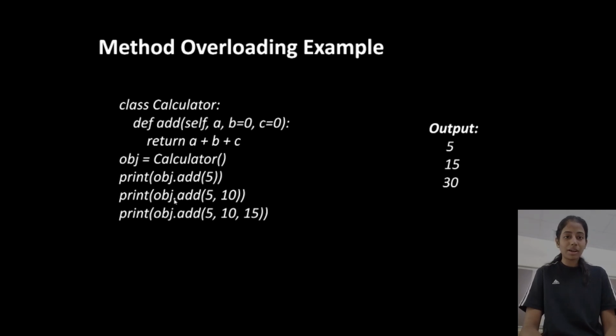Print obj.add(5, 10), and c is taken as 0 as it is already given 0 as its default value. a + b + c, 5 + 10 + 0, we get 15 as the output. obj.add(5, 10, 15), so a + b + c equals 5 + 10 + 15, we get 30 as the output.